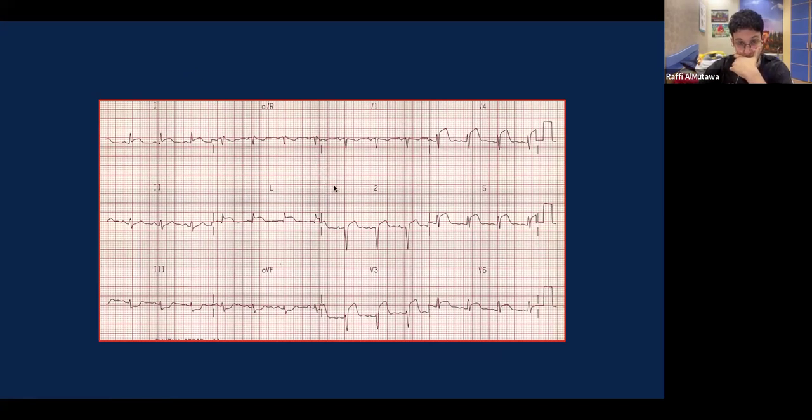You guys see Q waves. Left circumflex is a branch of the left coronary, which is related to the left anterior descending, and there's a diagonal branch from the left anterior descending that can help supply the left circumflex area. So excuse that. Okay, so you guys say 1, AVL, V5, V6, anterolateral, V2, V4.